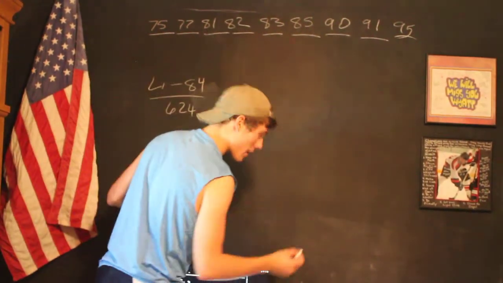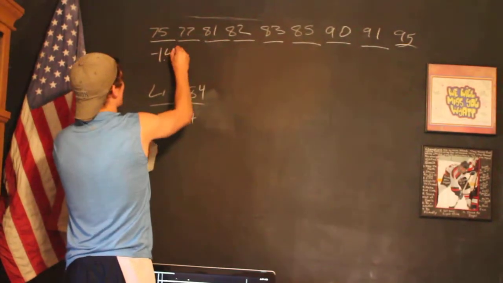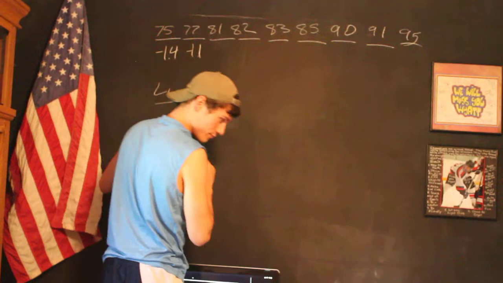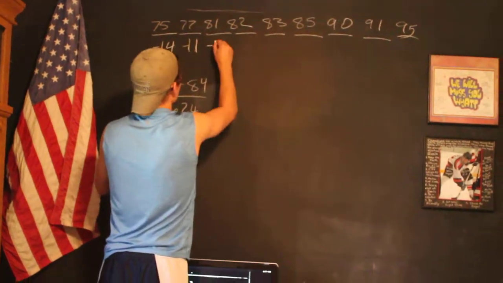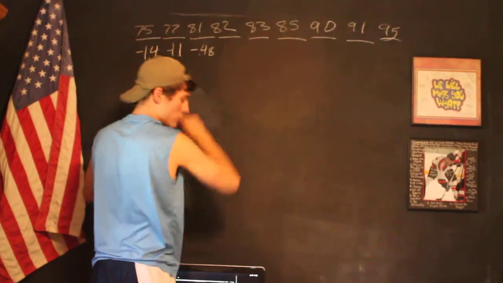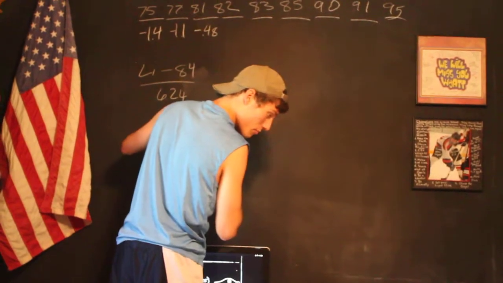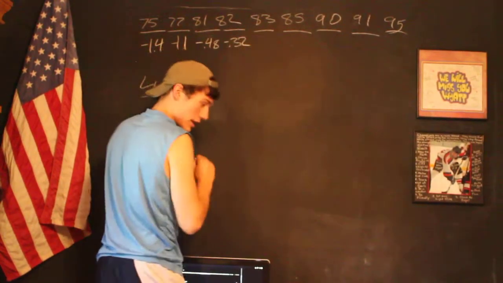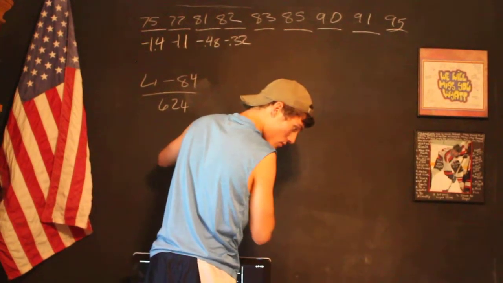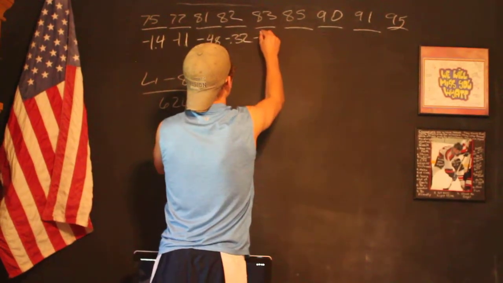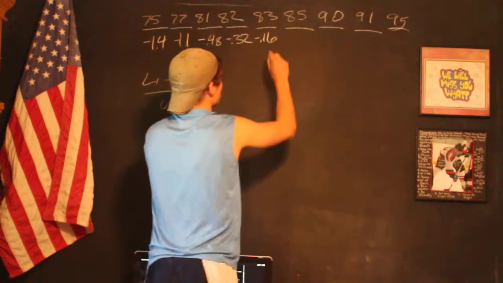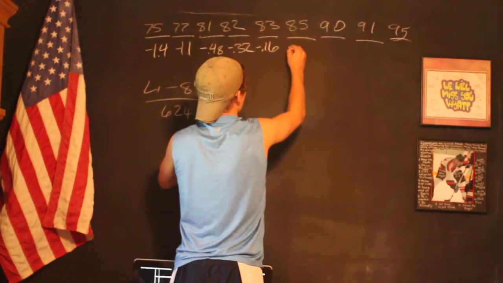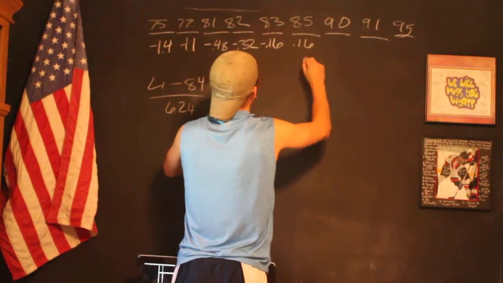So the z-scores came out to negative 1.4, negative 1.1, negative 0.48. Again, the mean is 84. So negative 0.32, that's why it's getting closer and closer to 0. And then negative 0.16, and since it's just 1 away from the mean, this would be 0.16.